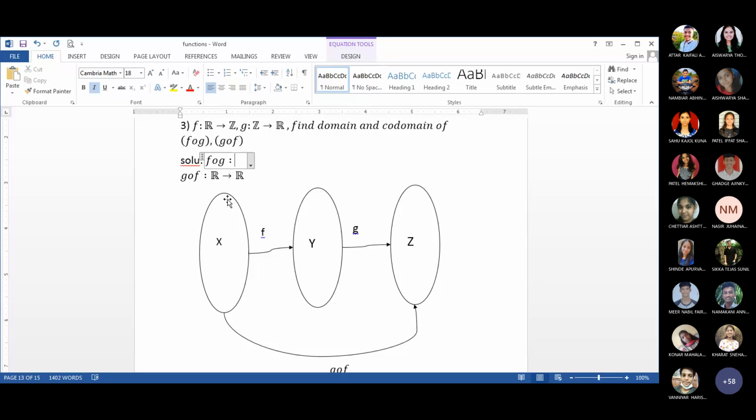Z and Z. Integers. And codomain? Not sure. Codomain also will be integers.